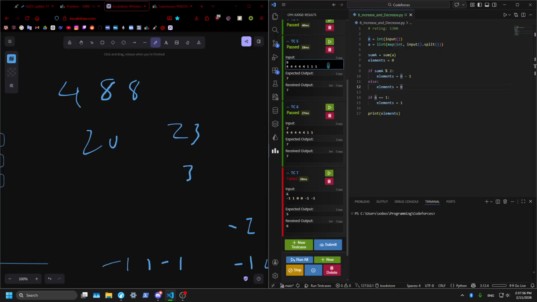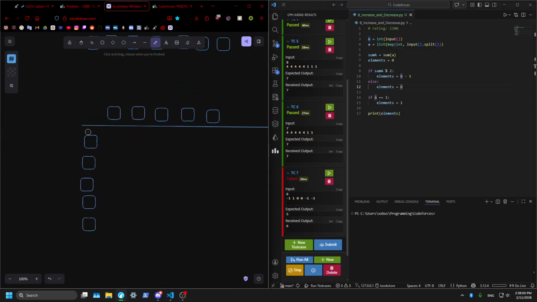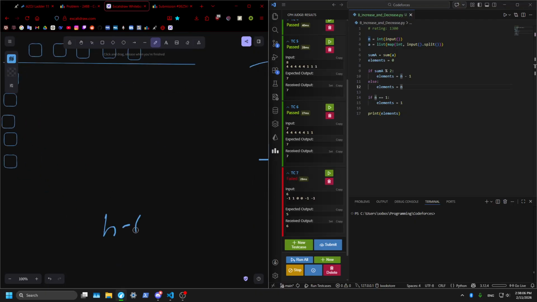Although you can always make sum divided by n minus 1, because as we saw, we can always go into negative. We can always stack 1 to equal out everything. So our worst case is n minus 1. Our best case is n.